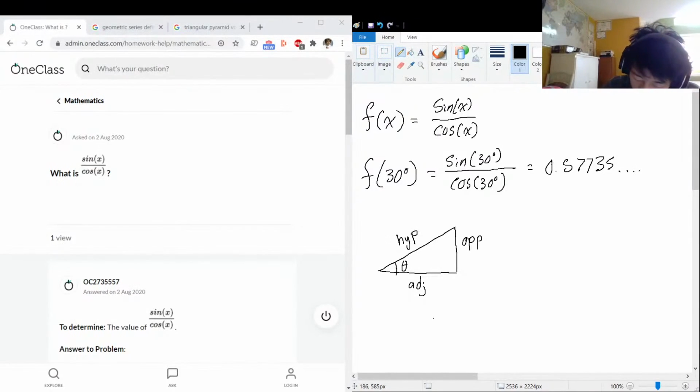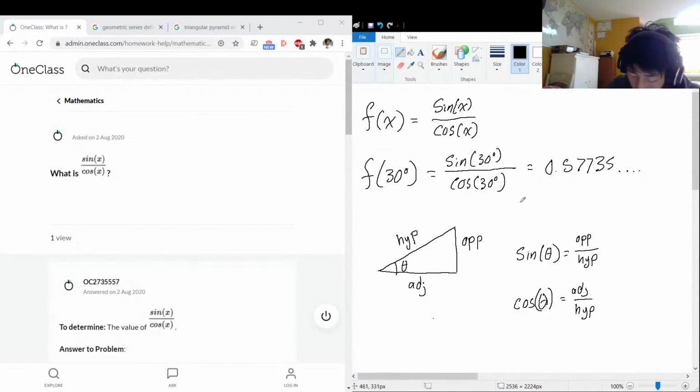We know that sine of the angle is equal to opposite divided by hypotenuse. We know that cos of the angle is the adjacent divided by hypotenuse.